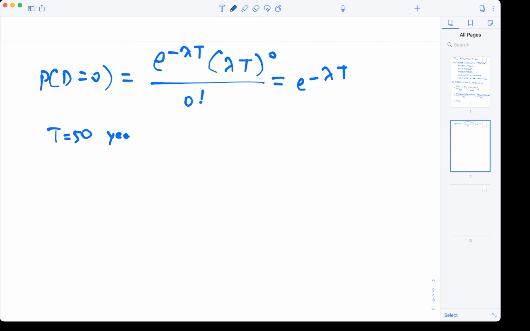That's our period. Lambda, though, now we're getting the damaging earthquakes, the occurrence of damaging earthquakes. So that would be the product of the mean occurrence rate, right? So we would have 1 over 20.